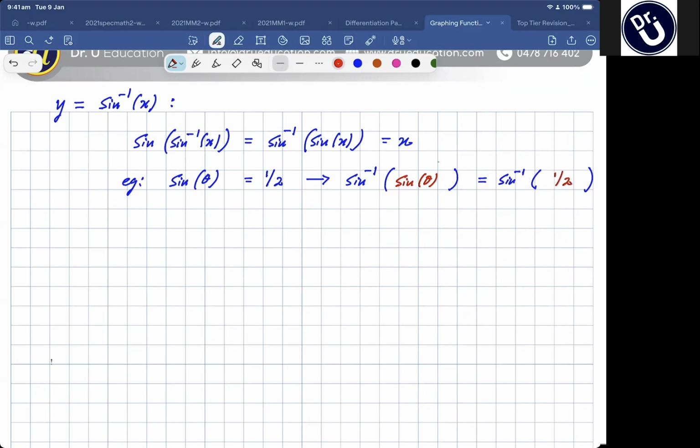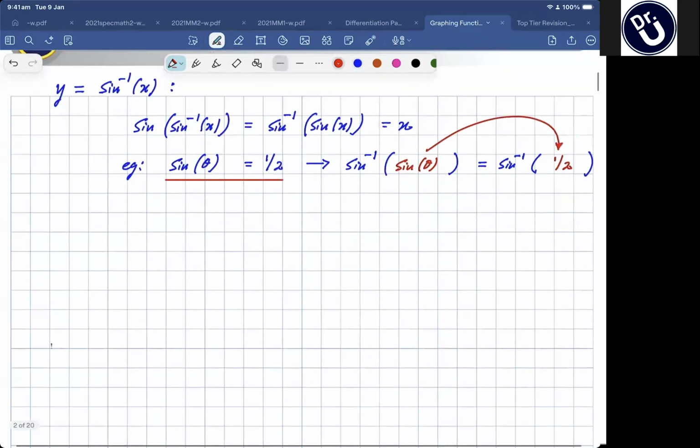So that is what is given here. Now, according to our definition, sine inverse sine theta is going to be theta, and that would be sine inverse half. This is how you actually get it using composite functions, inverse functions, right?